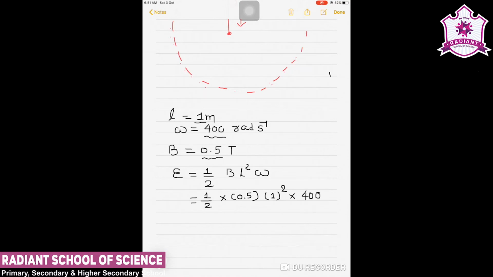So we get about 100 volt as the answer. So the EMF would be 100 volt, and that is the answer that we have obtained.